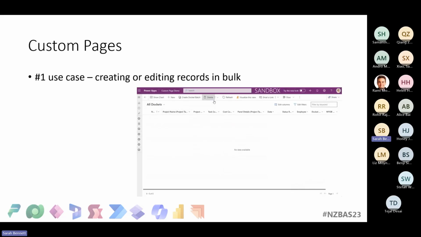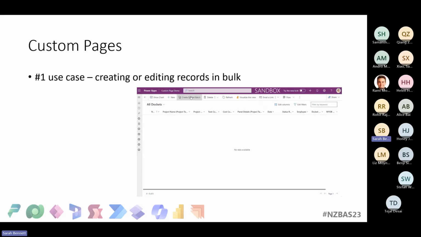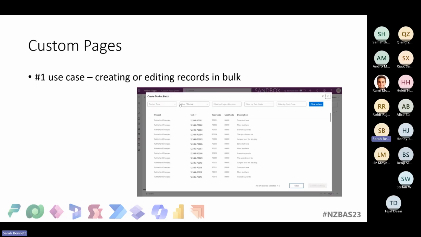And custom pages, they're sort of known or sold as a convergence between model-driven apps and Canvas apps. Before custom pages, we would generally create a Canvas app and have an embedded Canvas app within the model-driven app.